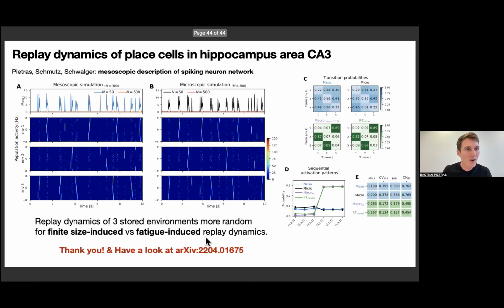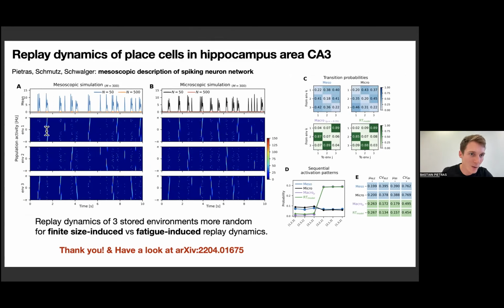And as a last point to end, we also tested one of the other hallmarks of hippocampal replay dynamics, namely storing different environments in the recurrent connectivity matrix. And then you see that you have replay of just one environment.